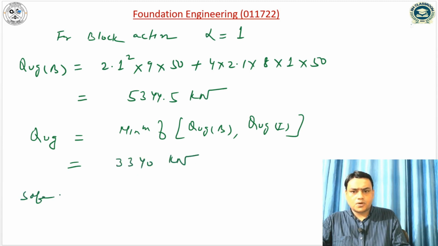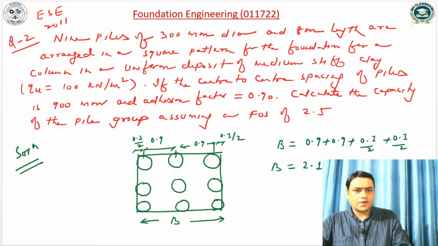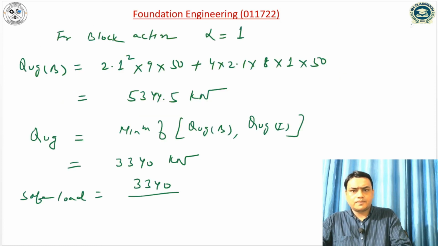So the safe load is equal to 3340 divided by the factor of safety, which is 2.5. So 3340 divided by 2.5 is coming 1336 kilonewton.